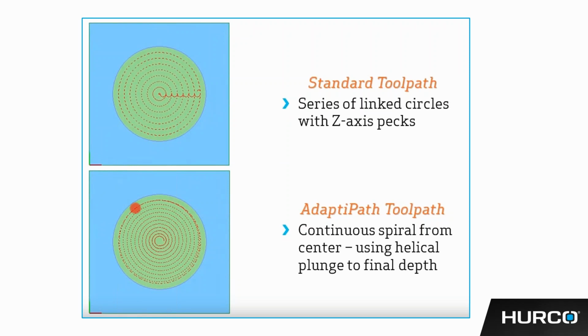The theory with these style of cuts is, if you were to picture yourself taking a cut just on the side of this part, maybe you're taking a finished pass or whatever, you're going to give it whatever depth of cut you need. So if you're going 1 inch deep and you have 1 inch flute length on your end mill, you'll just go ahead and take that depth of cut.